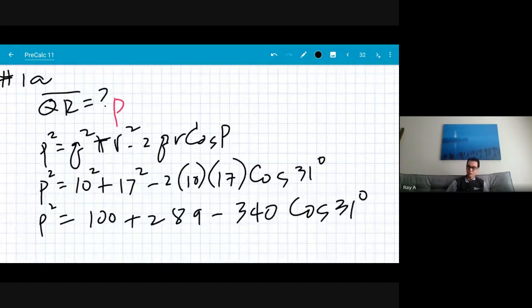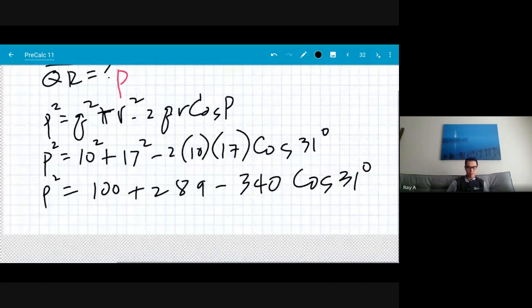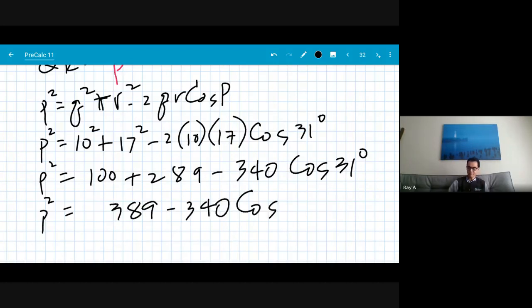Now, this is where the problem would be. You need to be very careful here. Let me get my calculator. If you just do this all throughout using a calculator, sometimes you will mess it up. What do I mean by that? This is what I want you to do. Simplify.